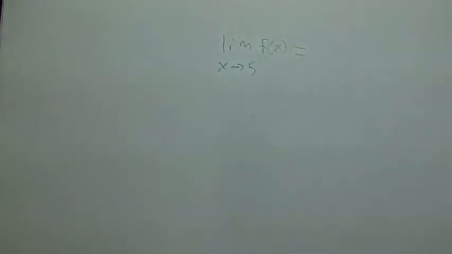Because the whole point is that as x gets closer and closer to 5, what is f doing? We need that function to ask about. What is happening as x goes to 5? What is happening to specifically f? So that's definitely something to be aware of.